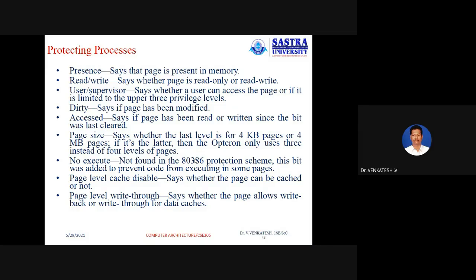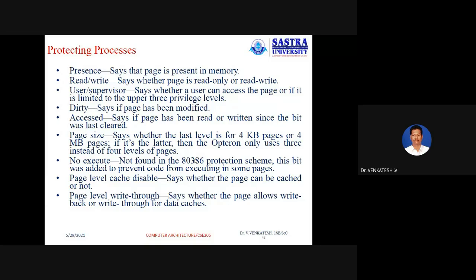Page size says whether the last level is a 4 KB page or a 4 MB page. The page size is fixed by the operating system, which takes care of whether to fix it for 4 KB or 4 MB. Then no execute, not found in the earlier protection scheme, was added to prevent code from executing in some pages. This kind of protection starts from the 386 onwards. Some bit is added to prevent the code.